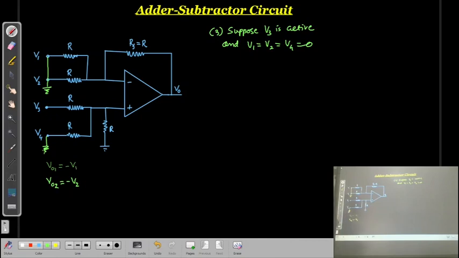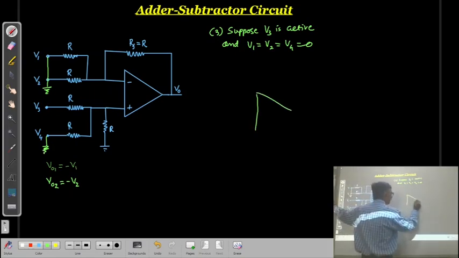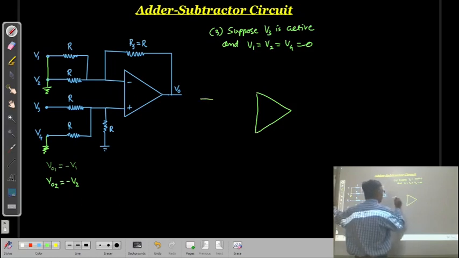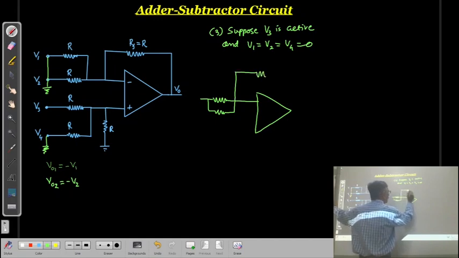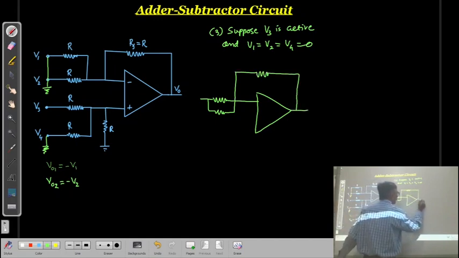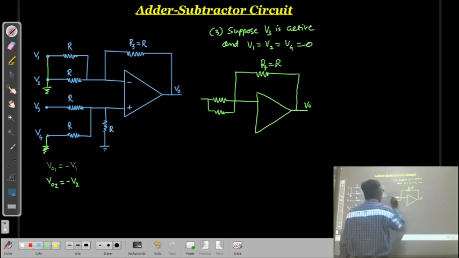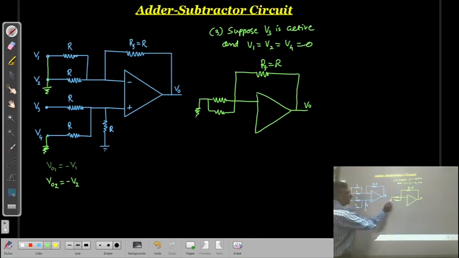Now if you look at the circuit, if we redraw the circuit, then the circuit is like this. Here if you see, V1 and V2 both are connected to the ground.